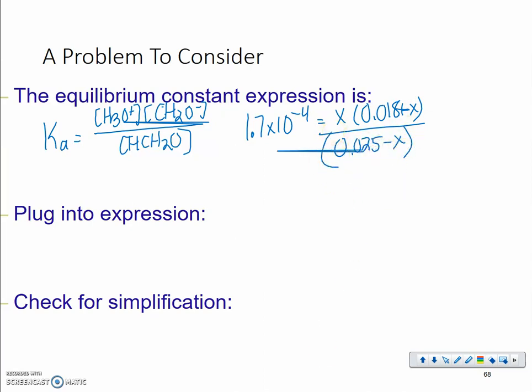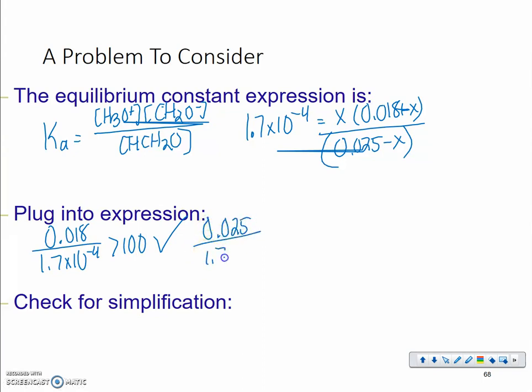Now we can potentially simplify this to ignore the plus X and minus X as before, where you would check to see if each of your concentrations divided by your Ka is greater than 100. The first one is. And the second one also is.